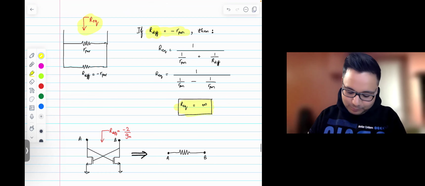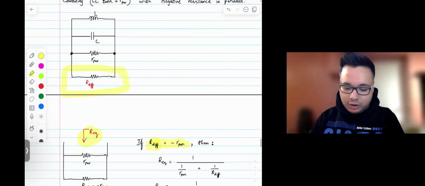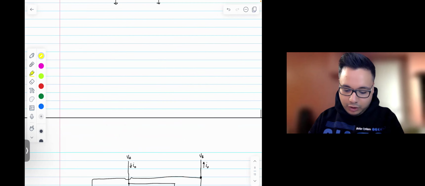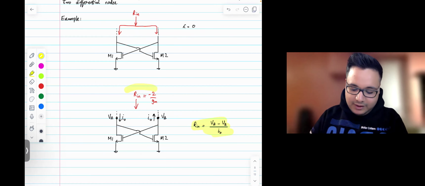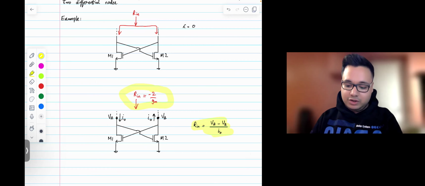So let's recall this differential circuit that we talked about earlier. We talked about this circuit, which creates a negative resistance, and the value is -2/Gm.